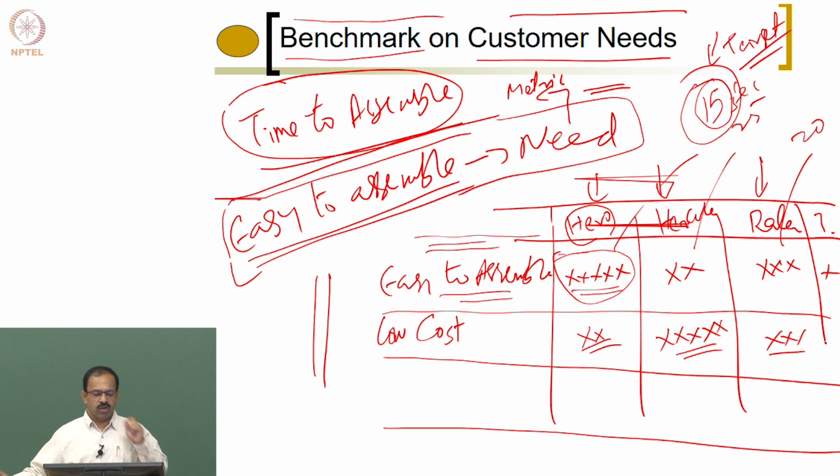So you can say that, okay, though the customers are asking for low cost, it does not mean that it should always be the lowest in the market. Based on the values, you can decide where you want to fix your target values. So that is the way you go with the values for each metric. Got it? Any questions?